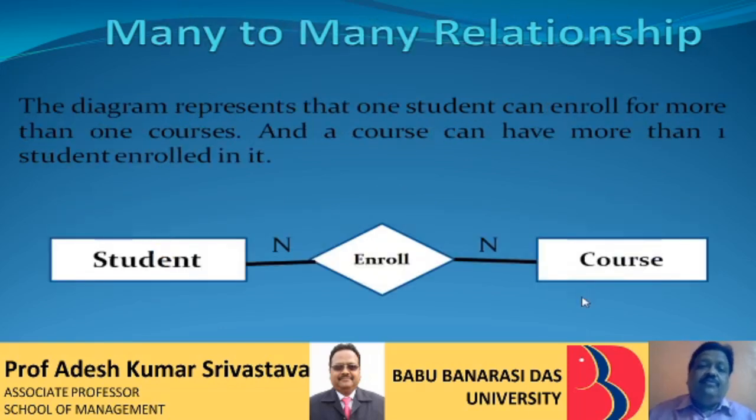Now we come to many to many relationship. The diagram represents that one student can enroll for more than one course, and a course can have more than one student enrolled in it. Means there may be n number of students which enroll in n number of courses. So this is called many to many relationship. This we can also see in the real world.